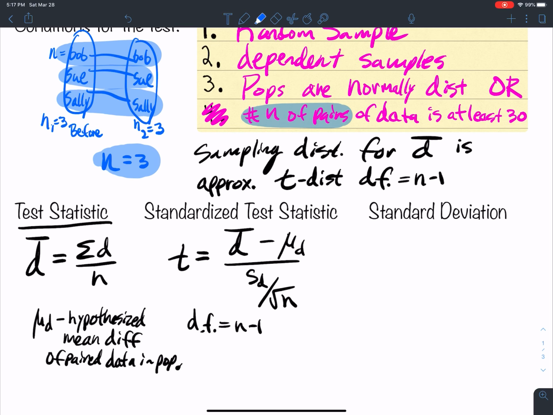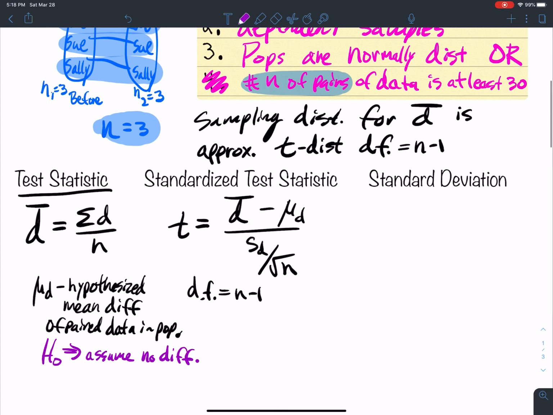What do we always do? In the H0, we assume there's no difference. So if there's no difference, then mu D is assumed to be 0, so this piece drops out. Really we just need to know how to get SD.